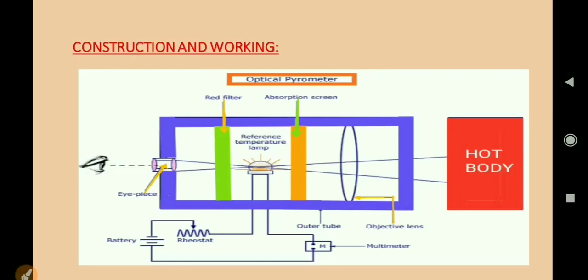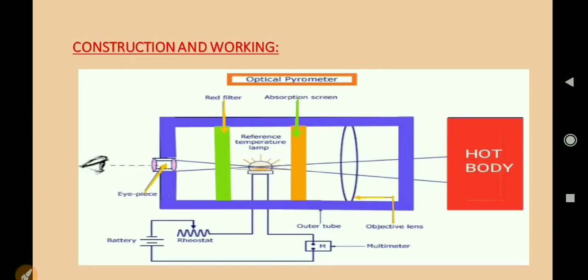Here is the reference temperature lamp. This lamp is provided current with the help of a battery, and according to the current provided to this lamp, the brightness of the lamp increases or decreases.